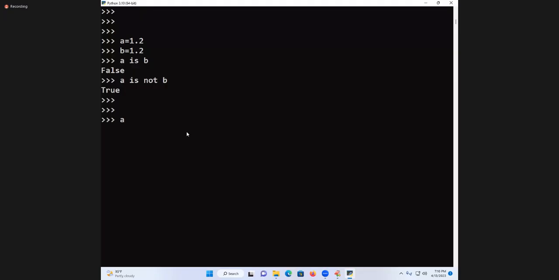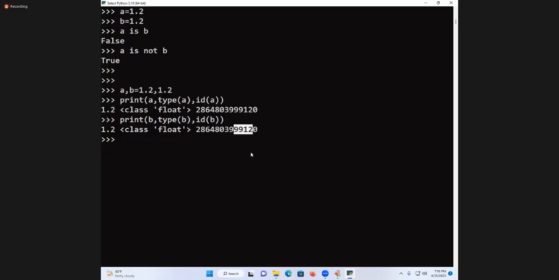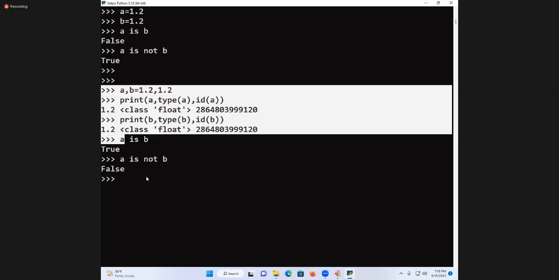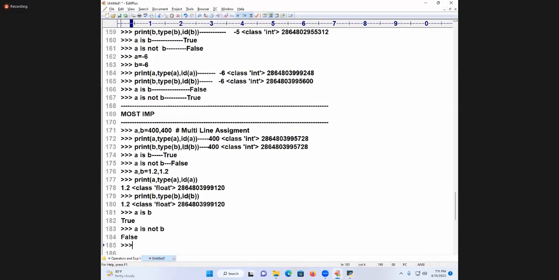Okay, A comma B is equal to 1.2 comma 1.2. Print of A, print of B, which address? Same address. A is B, true. A is not B, false. So this area is a multi-line assignment.